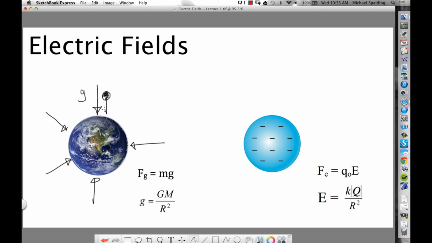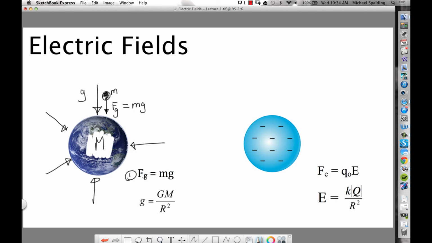So this little mass here, I'll label little m, and the Earth will be big M. In first semester, we learned the equation for force of gravity. It's one of the very first equations you learned in this class. What's the equation for force of gravity, also known as weight? Little mg. So that's the first equation I have down here.